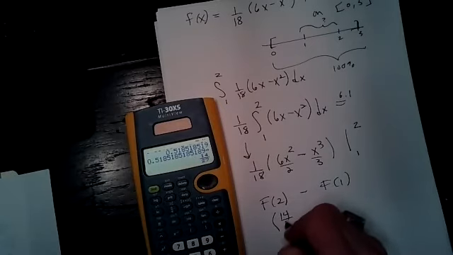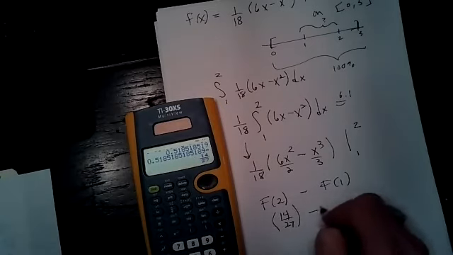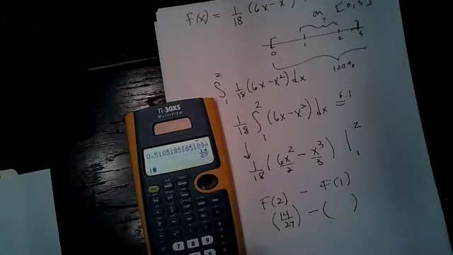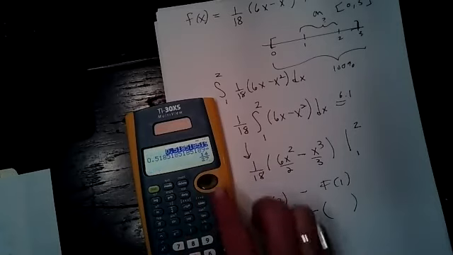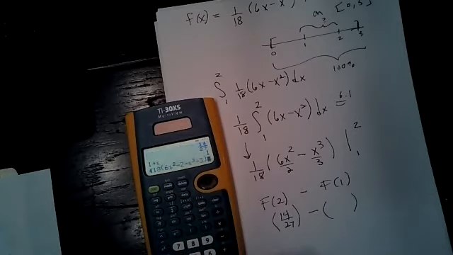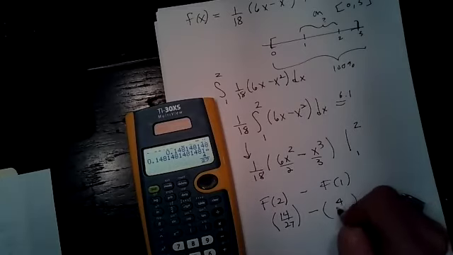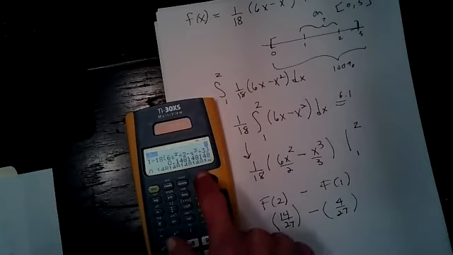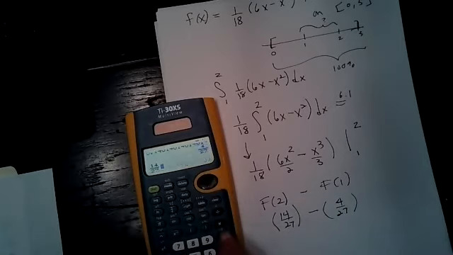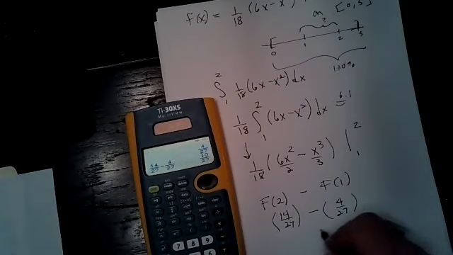I think they'll let you leave a decimal. Minus, if I do 1, store for x, and enter, and plug it in, and go back up there, I get 4 over 27. Well, I know that's 10 over 27, but let's just say I didn't know that. 14 over 27 minus 4 over 27, that's 10 over 27.